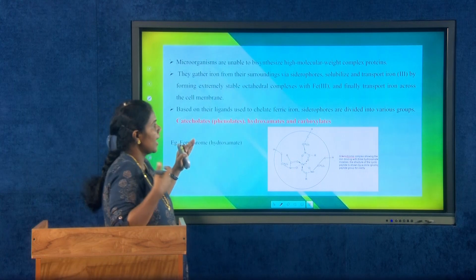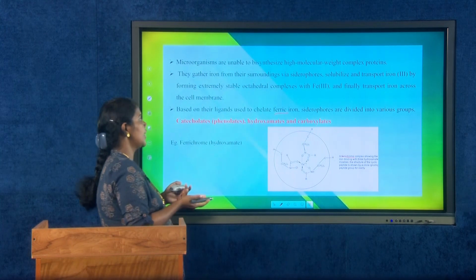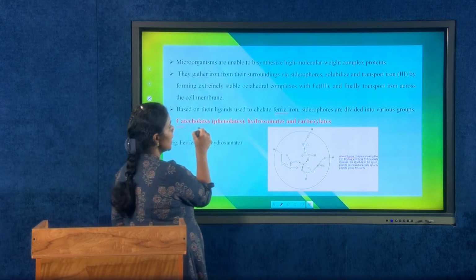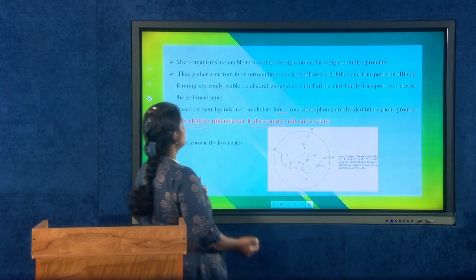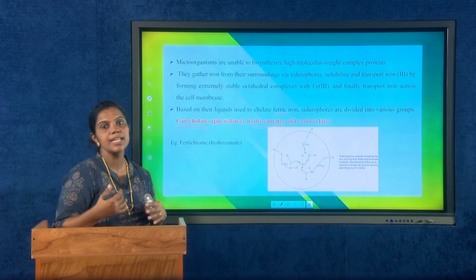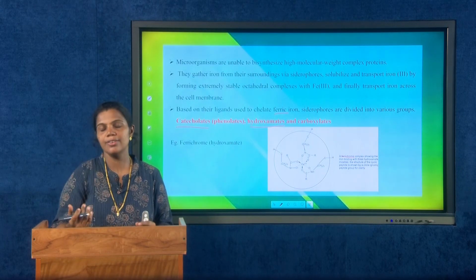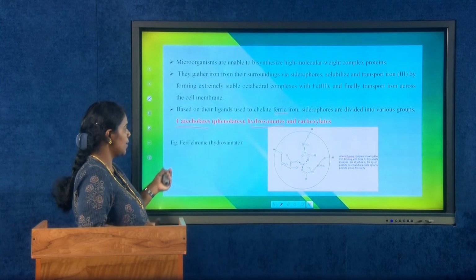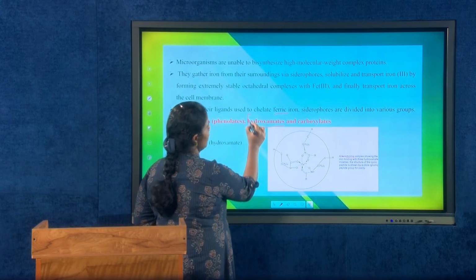Based on the ligands used to chelate ferric ion, siderophores are divided into various categories. Siderophores are categorized into catecholates, hydroxamates and carboxylates. This is based upon the ligands that are used to chelate the iron in the 3 plus oxidation state. For example, ferrichrome is a type of hydroxamate.